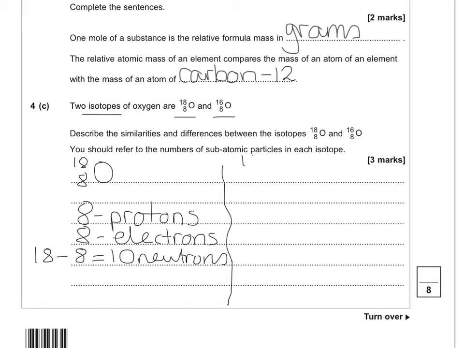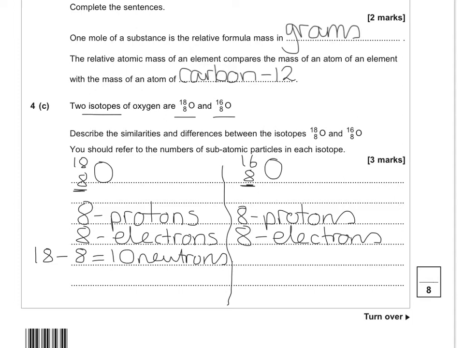For oxygen-16, again, it's got 8 protons, and therefore it's got 8 electrons. Remembering that it's the number of protons that makes an element an element.